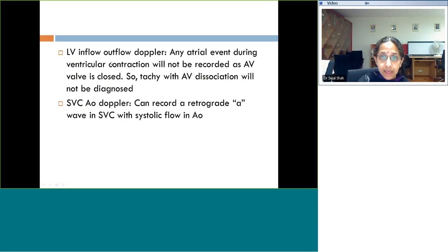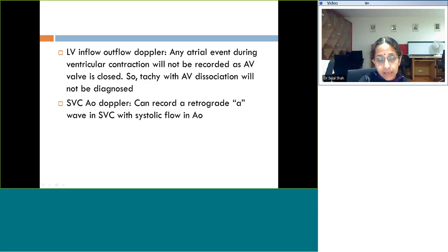So the LV inflow and outflow Doppler is a little different from the SVC aorta Doppler. How is it different? In LV inflow outflow, we know that the AV valve is closed when there is any atrial event during ventricular contraction. So in situations where we have tachycardia with AV dissociation, it is going to be difficult and it's not going to be documented.